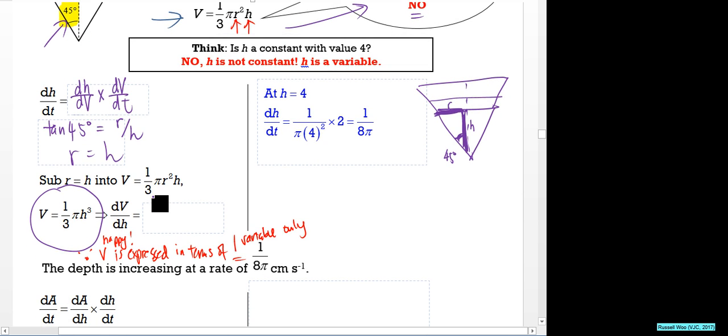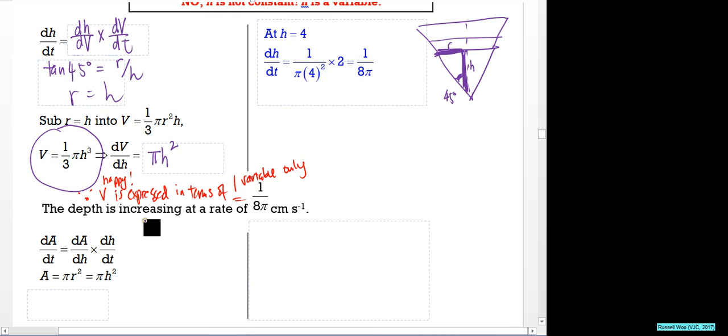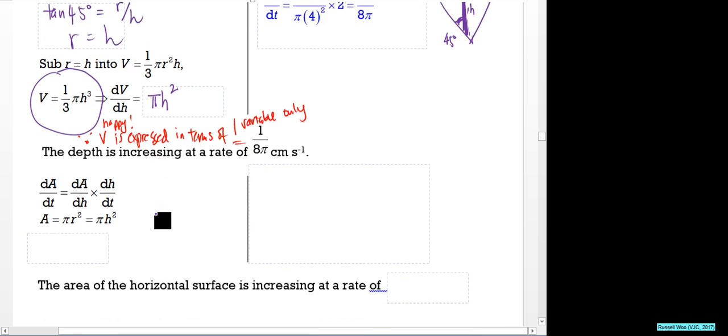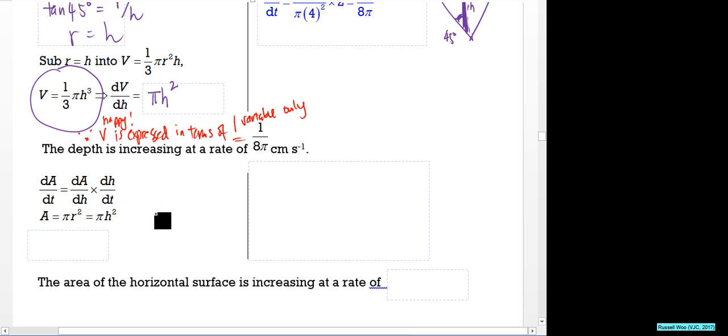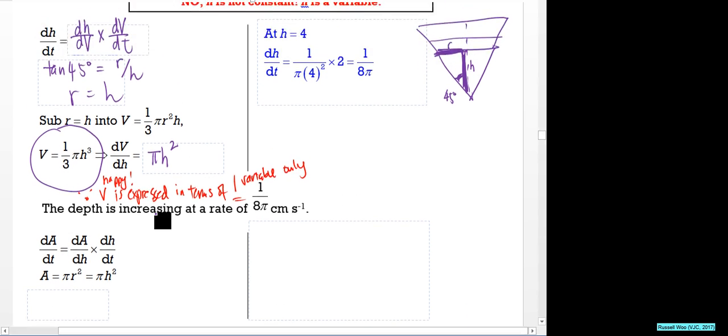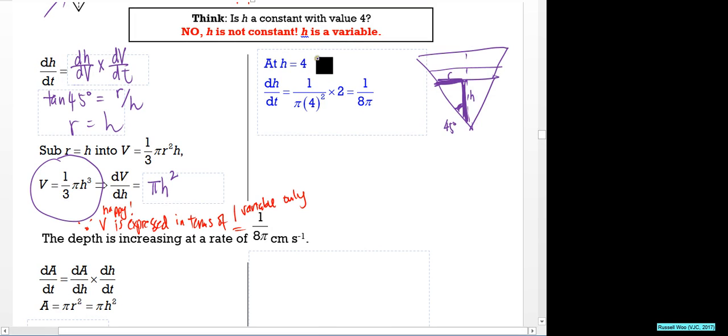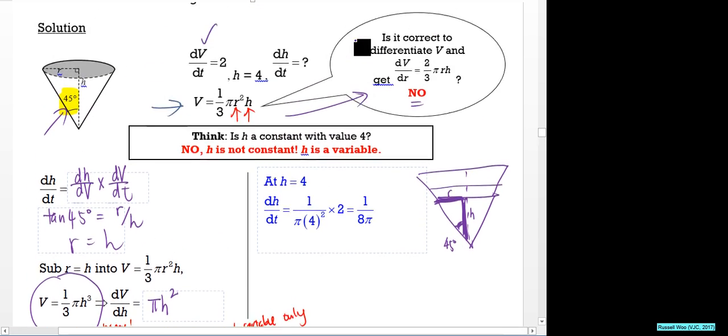We can differentiate with respect to H. Then you get pi H squared. Correct? Now, let's go across to this side here.